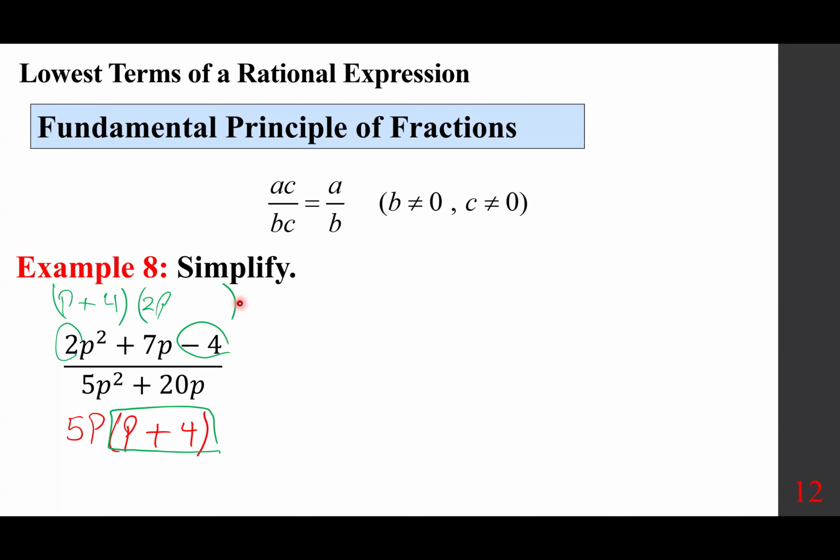Now, the reason it can't be 2 and 2, because if it could be 2 and 2, that means we could have factored the 2. So it can't be. So it has to be 1 and 4. And we already know it's p plus 4 here. So you need 2p minus 1 here. So this would be the trial and error.